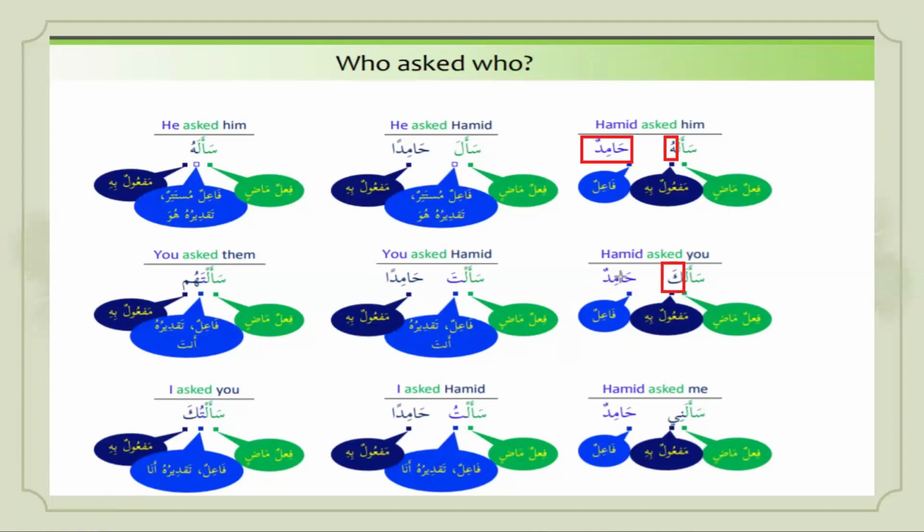So Hamidun is a marfu ism, the outside doer, the actual doer. So Hamid asked you, but 'you', the object, comes as an attached pronoun before the doer. This is considered a normal sequence, because these attached pronouns are attached to the fa'il and cannot be separated.